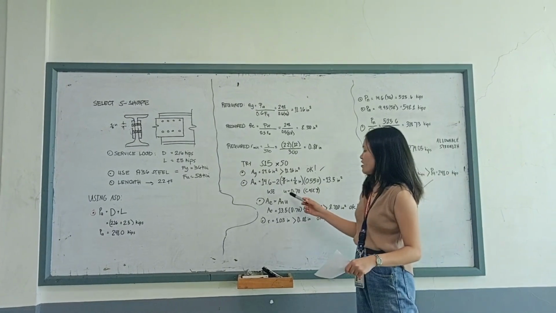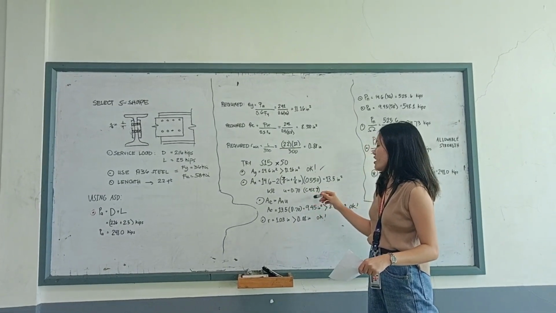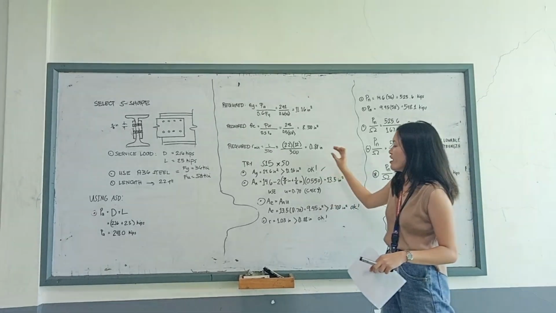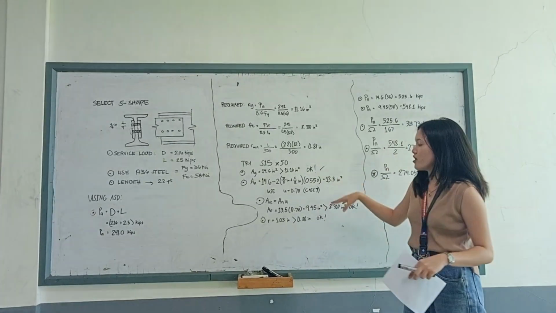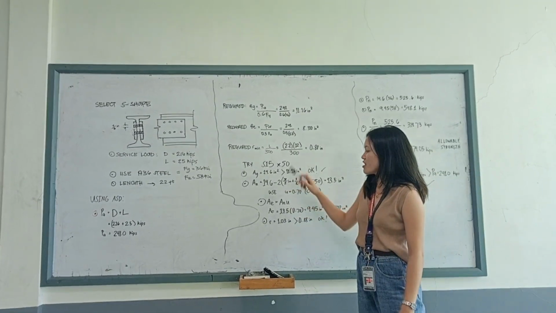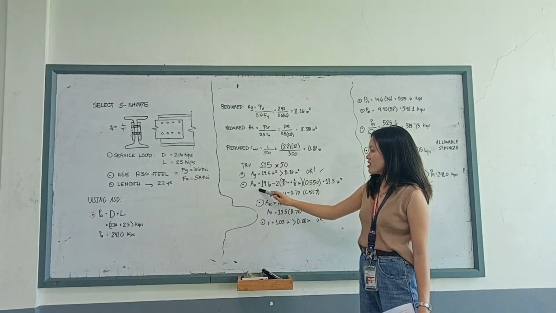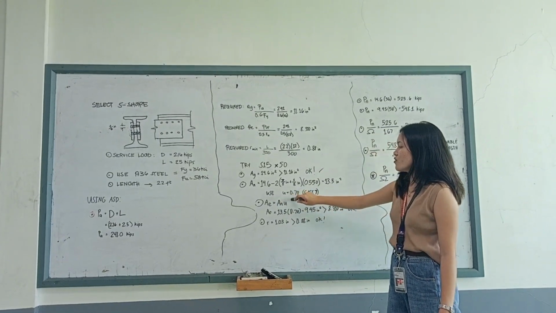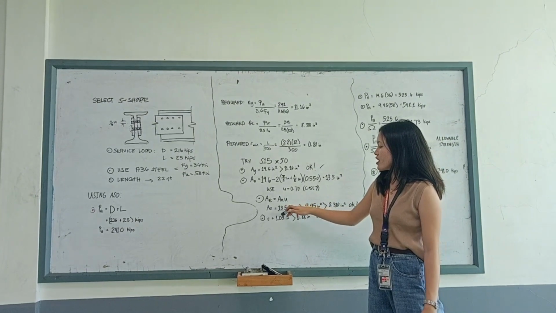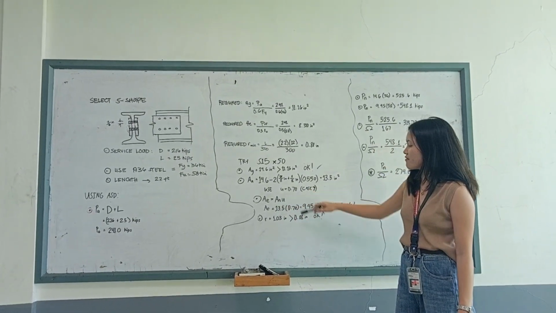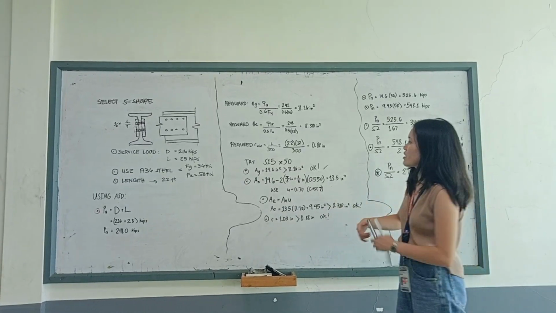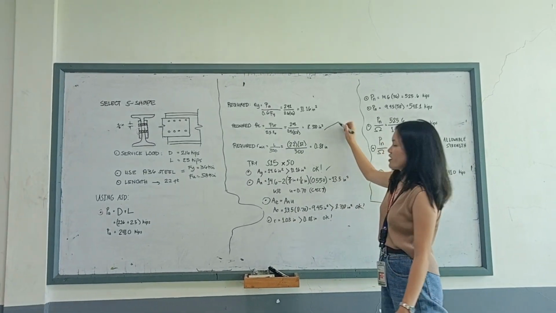Then, using U equals 0.70, which we got from the table since our case falls in case 7. To get the effective area of the material, we multiply the net area by this U. So, effective area is equal to AN times U. 13.5 times 0.7 is equal to 9.45, which is also greater than the required effective area.